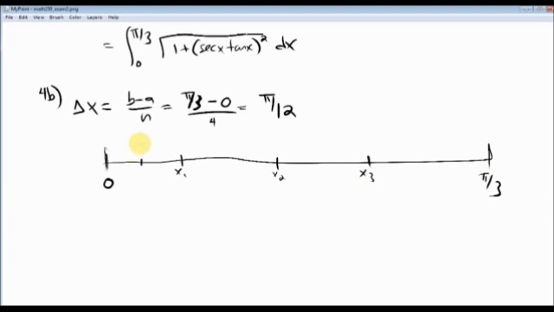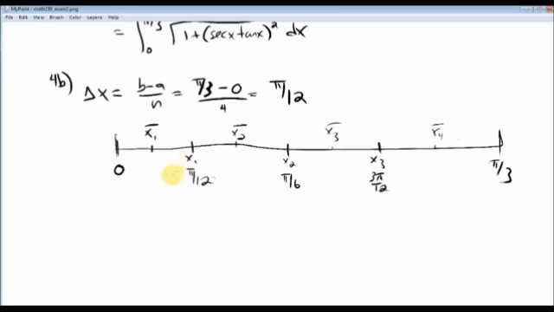Now the midpoint rule uses x1 bar, x2 bar, x3 bar, x4 bar. Now if delta x is pi over 12, that makes this pi over 12. And this is 2 pi over 12, or pi over 6. This is 3 pi over 12. And then this is 4 pi over 12, or pi over 3.